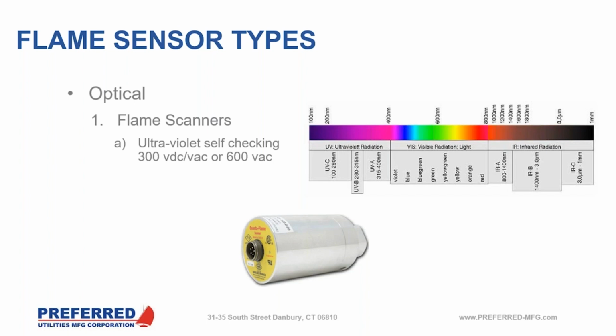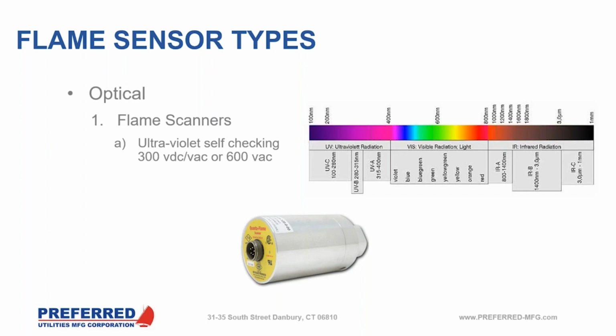So the UV self-checking scanner was actually designed. Again, it's using a tube, most of them, and it's operating in that 200 nanometer range or deep UV area, okay? And most of these, regardless of the brand, will have a shutter in it.